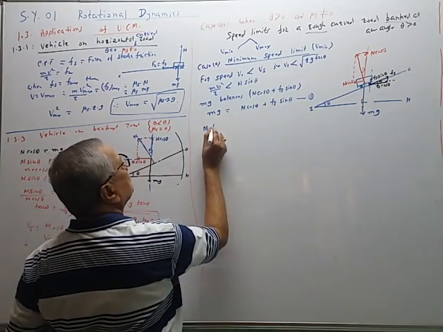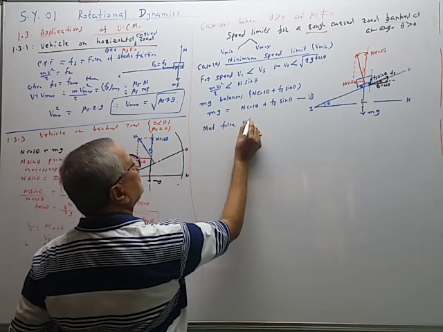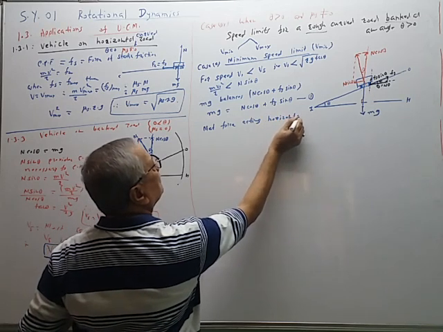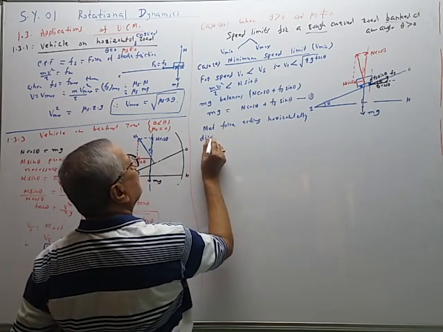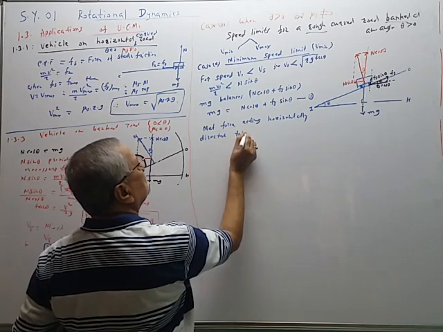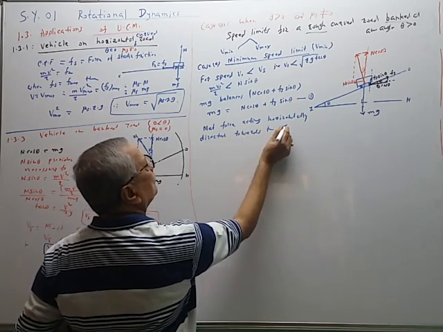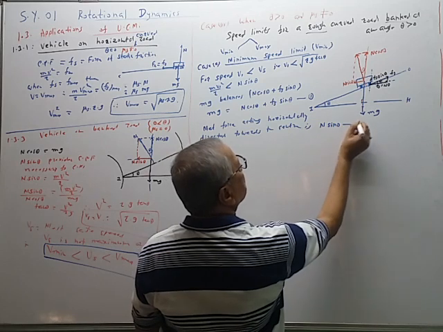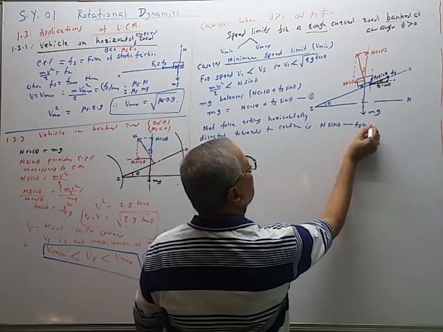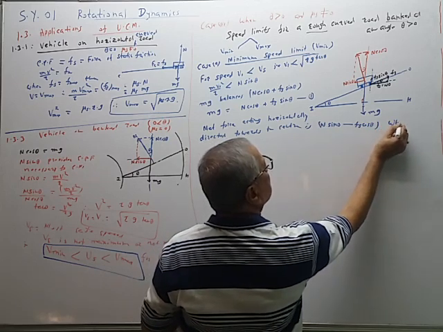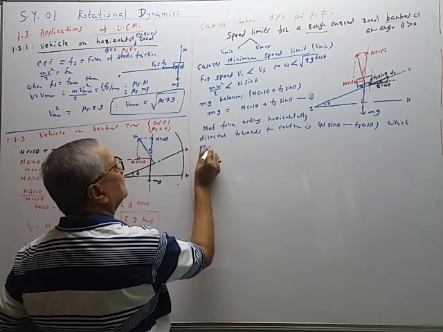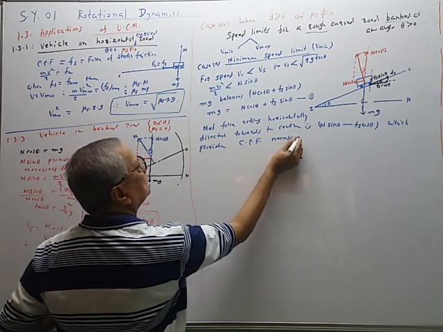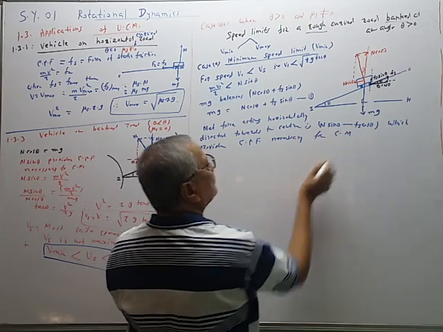So the net force acting horizontally, directed toward the center, is N sin theta minus Fs cos theta, which provides the centripetal force necessary for circular motion.